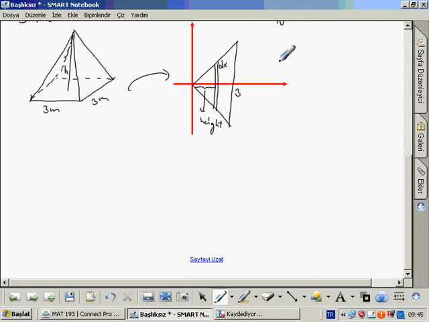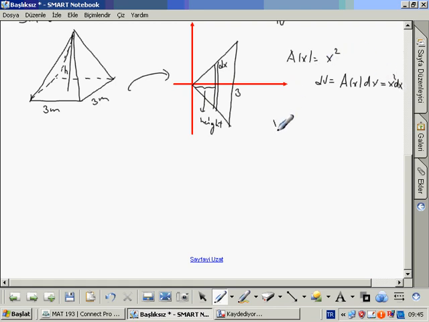A of x equals x squared, and del V equals A of x del x, because the area of the square cross-section is x squared, so it equals x squared del x.